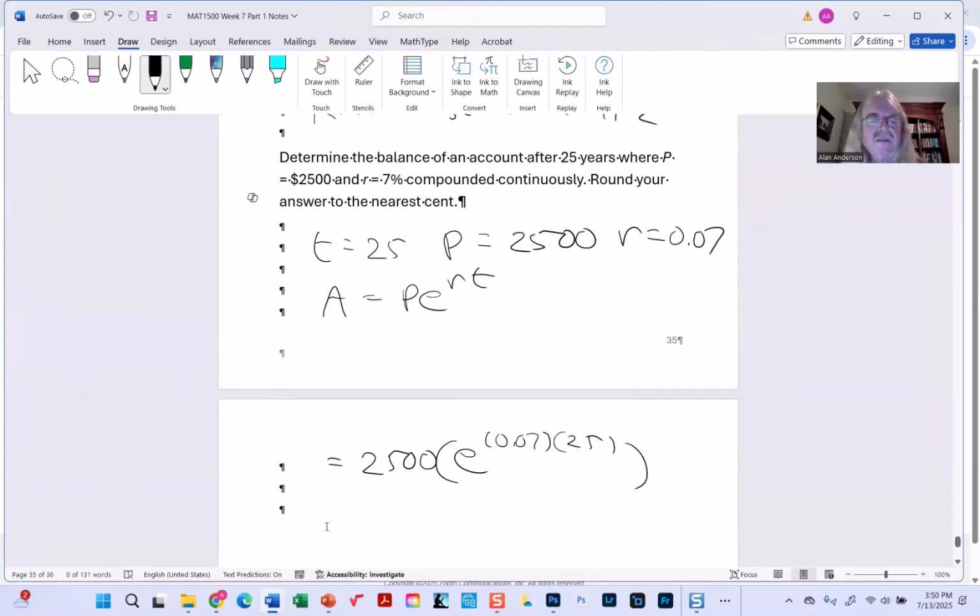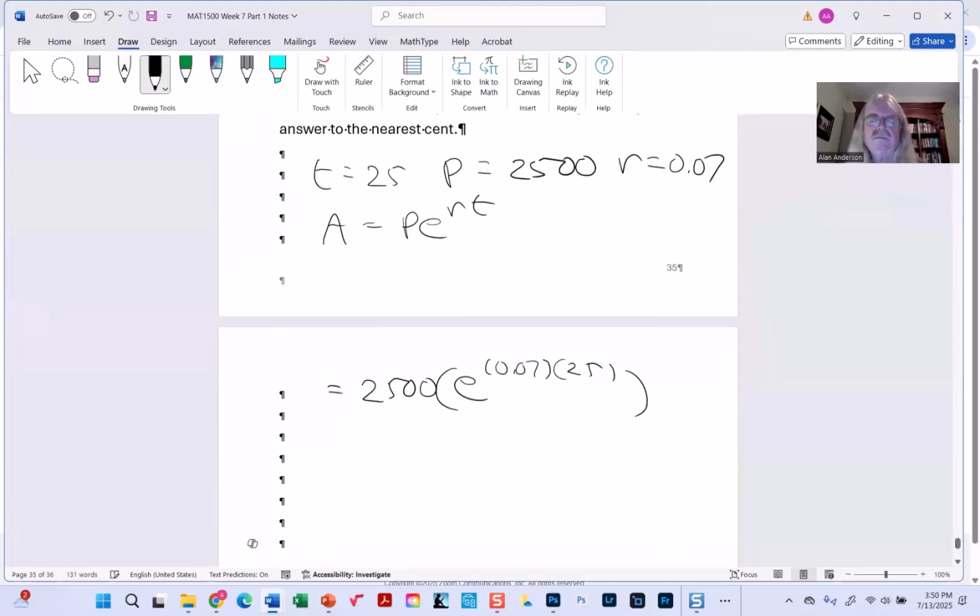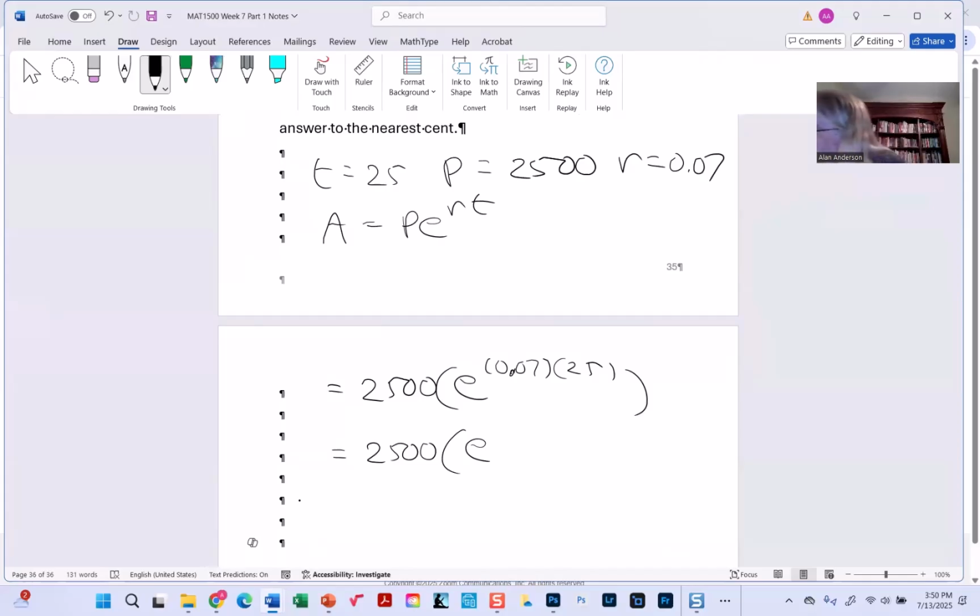So that exponent is 25 times 0.07, which is 1.75. e to the 1.75 is approximately equal to 5.7546.